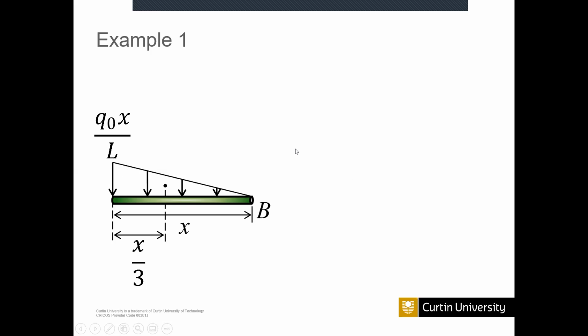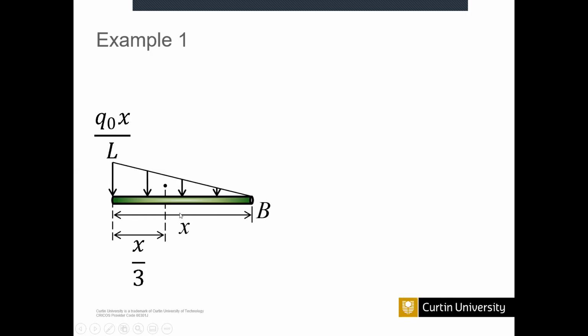This is the gradient, this is x. If x is 0, q will be 0. This is the function of this curve. If x equals L, the distributed load will be q naught. You can see that in figure 9. So at this point the load is q naught divided by L times x.